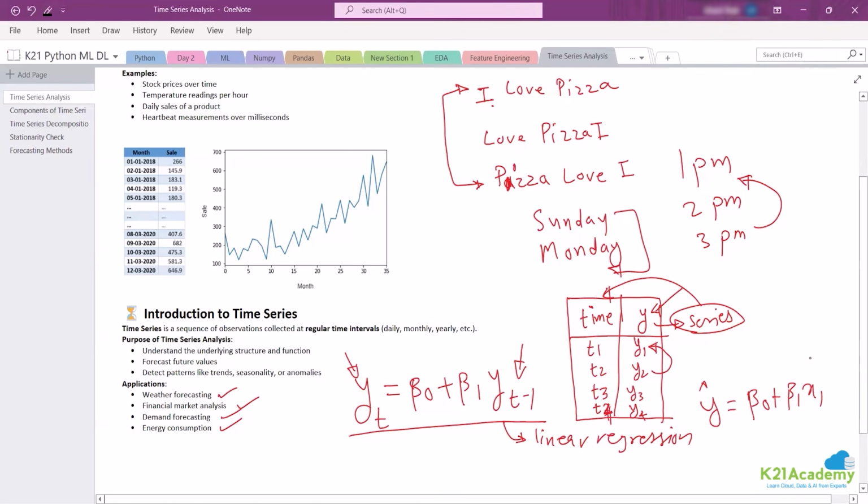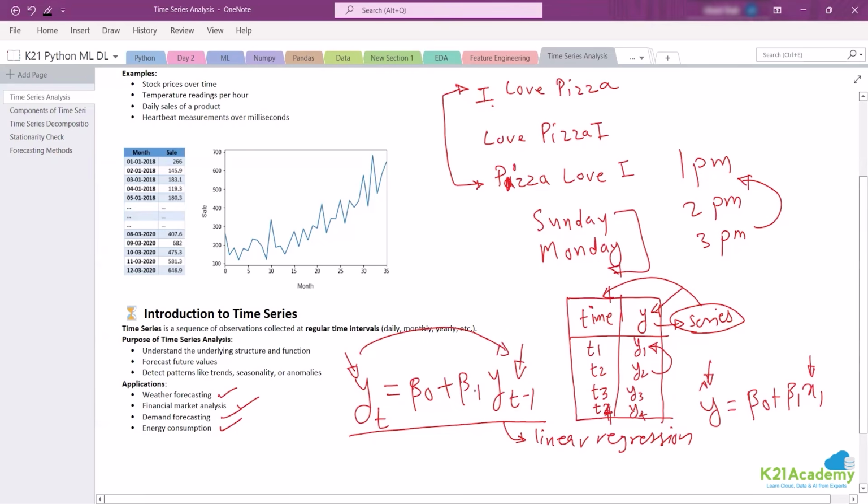Here x was called the independent variable and y was called the dependent variable. Now in this equation, the current value of y depends upon its own previous value.